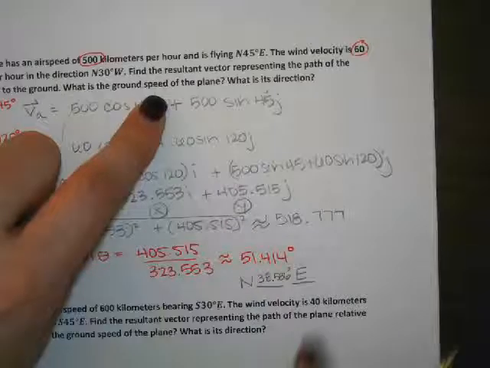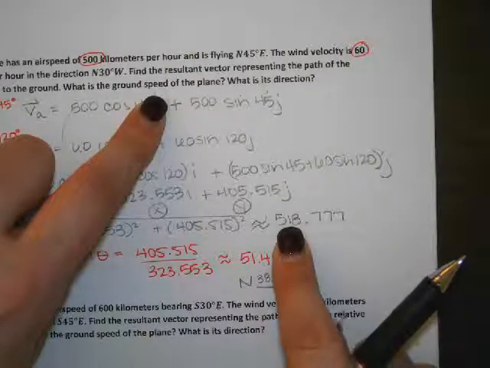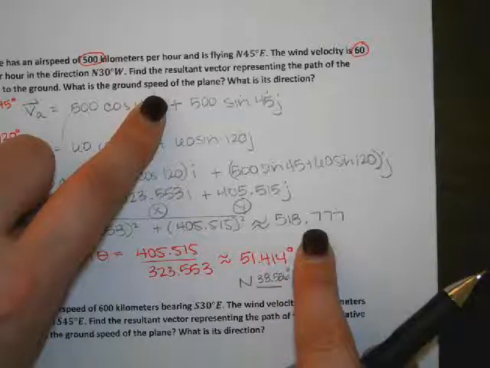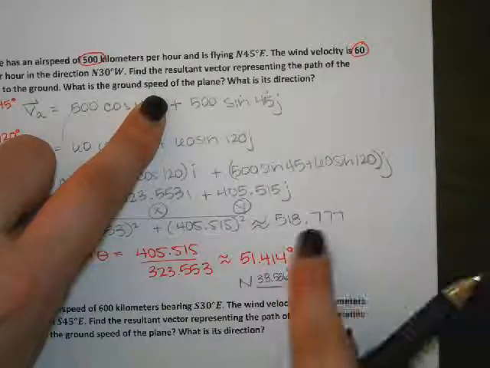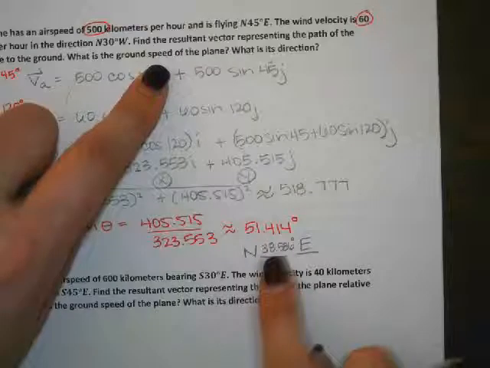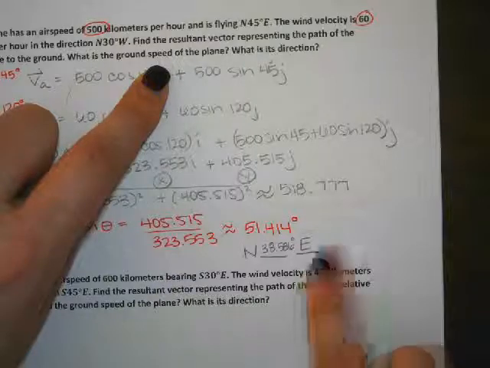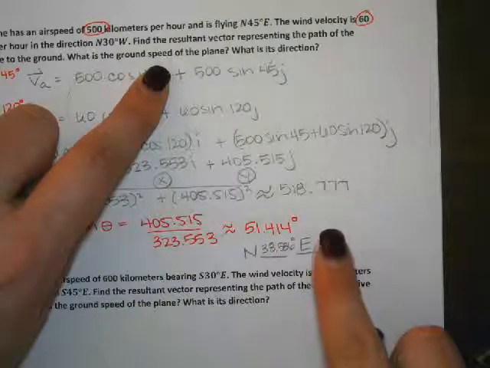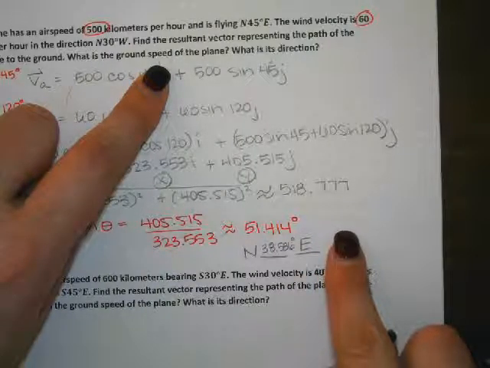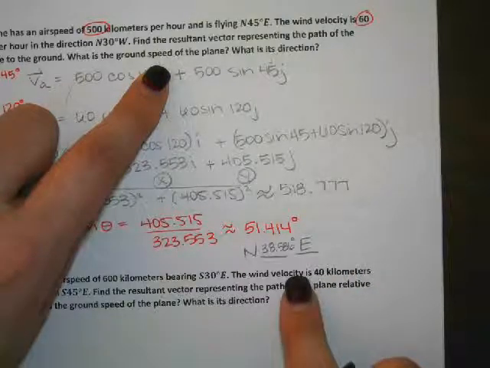So your sentence is going to say, the ground speed of the plane is 519 kilometers per hour. I'm going to round to a whole number, because we're probably not going to have this 3 decimals of accuracy when we do it. And then I'm going to say in the direction north 39 degrees east. So when you do your paper, I want to see that you are capable of getting 3 decimal places of accuracy. But when you write it in a sentence, I want you to round to the nearest whole number. Make sense?